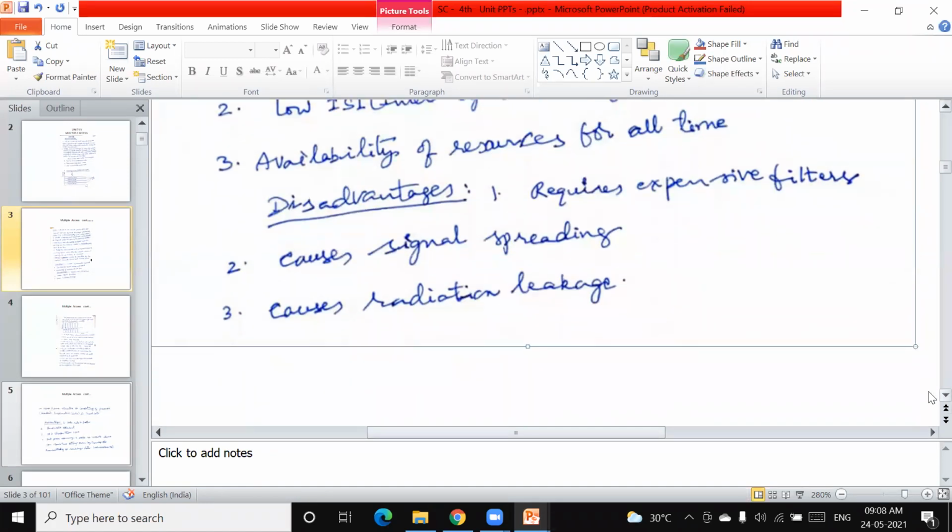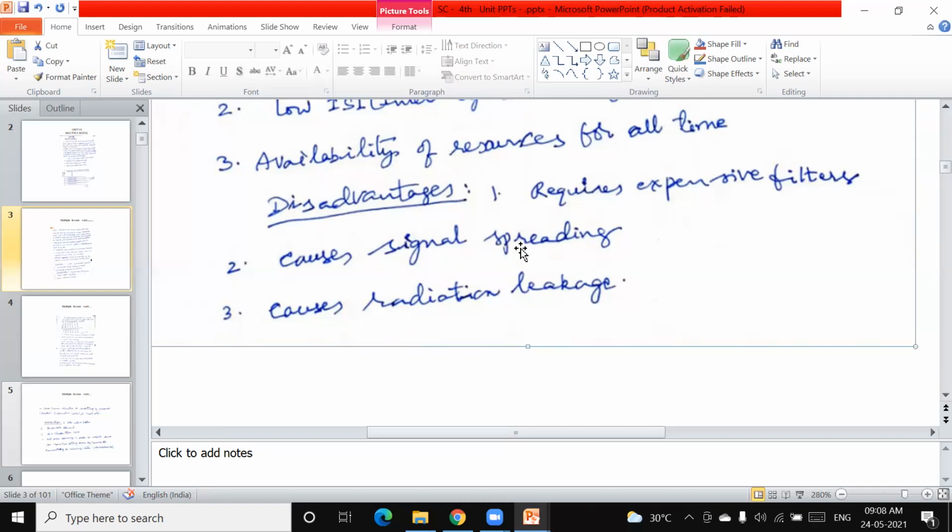And the disadvantage, if you see, is that it requires expensive filters. What is the meaning of expensive filters? Filter structures are going to be used in the guard band frequencies, to avoid the interference of the crosstalk, and such filters are very expensive, and they cause signal spreading.